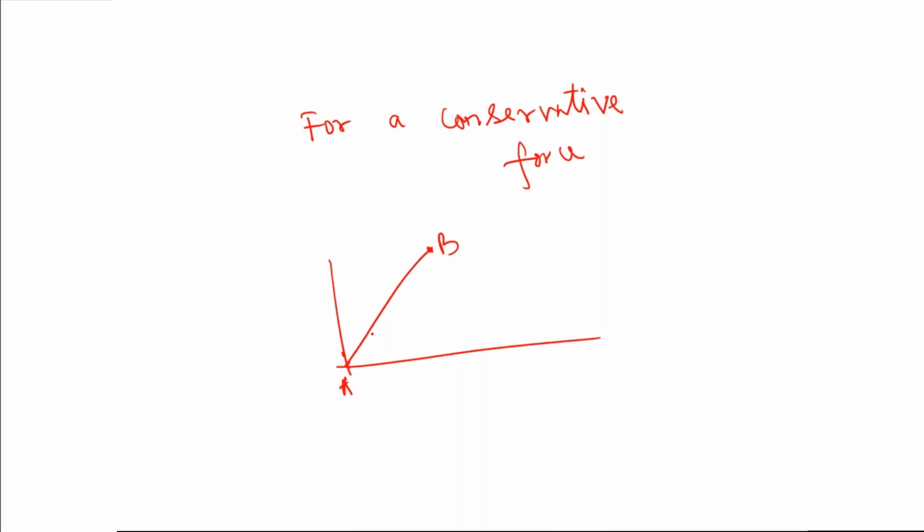If I go in this path, suppose this is W1, this way is W2, and some other way like this, W3 like that. Whatever it is, the work done is going to be same, because the work done does not depend on the path. It depends on the end points where you are going.